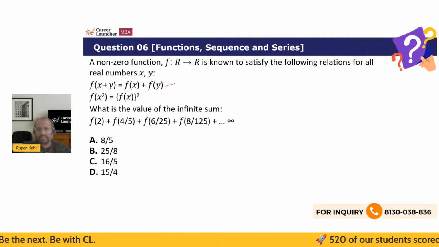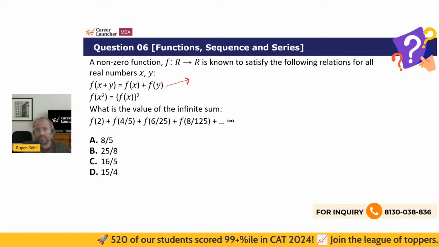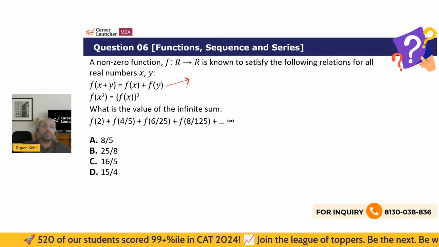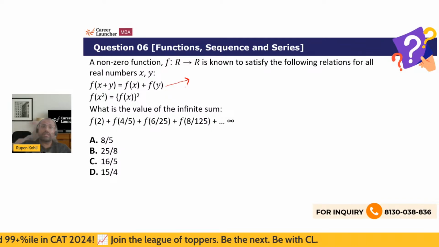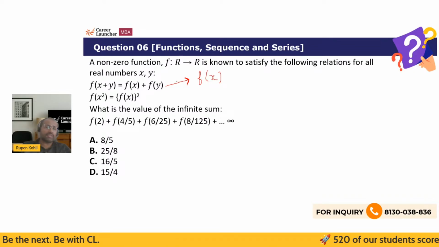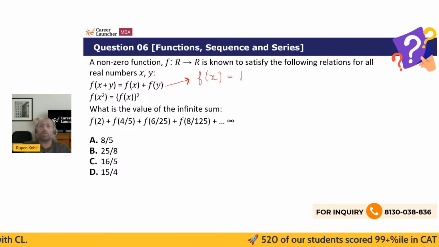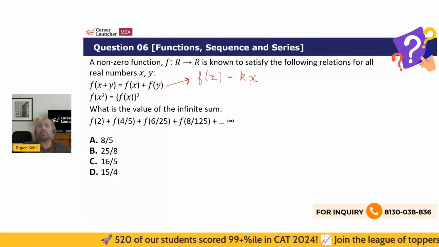This is a very standard functional equation. If you have done functional equations, then you must have looked at this kind of relationship, and you must be knowing that the function which satisfies this kind of relation is always of the form f(x) equals kx, where k is a parametric constant.